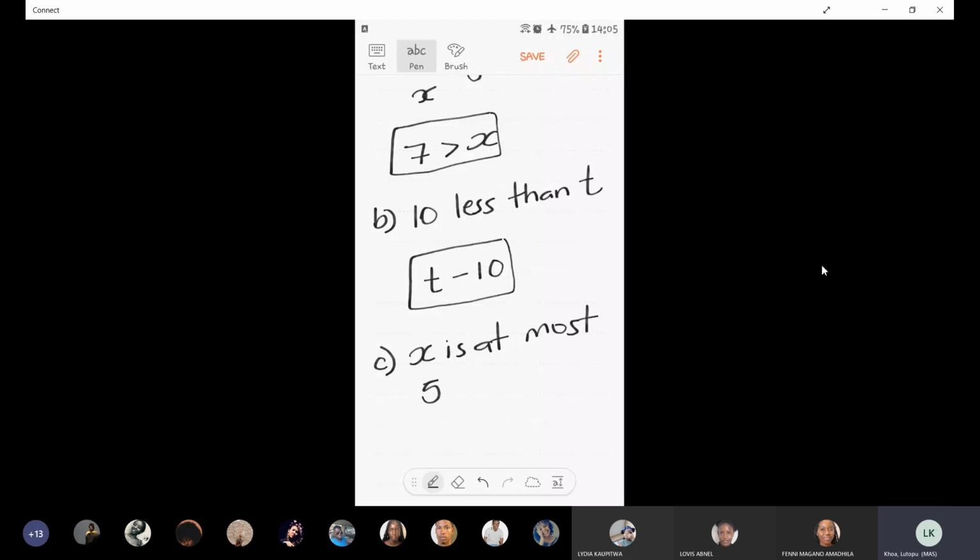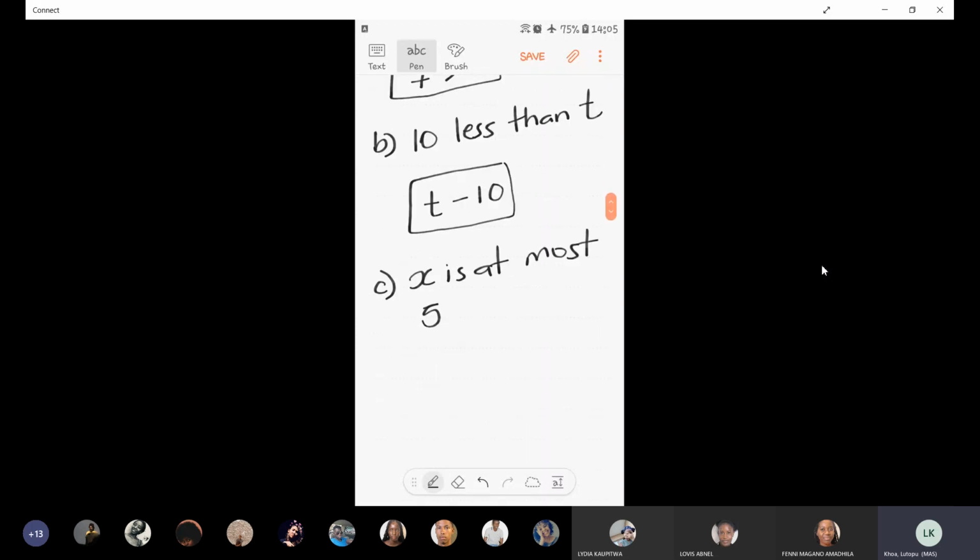So the maximum of x is 5. It can be less than 5, but the maximum is 5. So this means that x is less than or equal to 5. And I say equal to because it can be 5. So if the maximum is 5, x can be equal to 5. And that is why I have the equal to there.